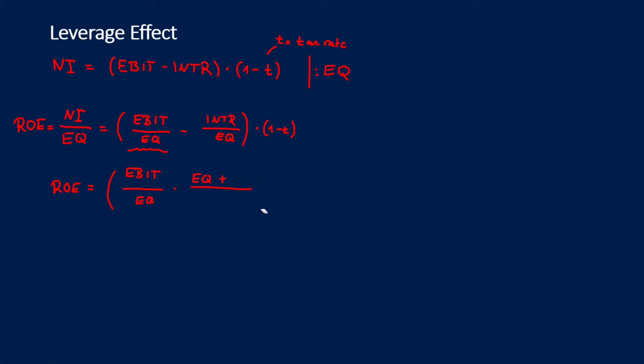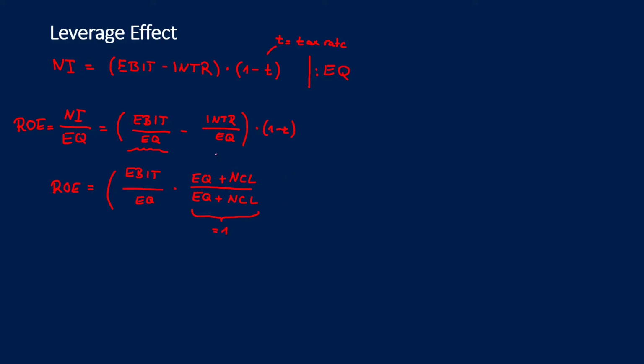Or non-current liabilities. I guess that's better. Non-current liabilities. And we do this in the enumerator and in the denominator. So this fraction line is in fact 1.